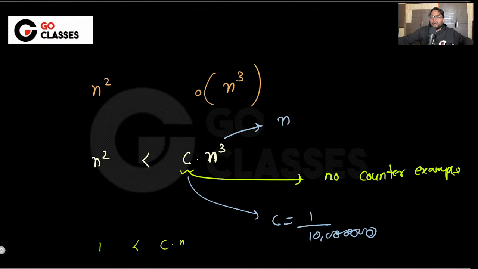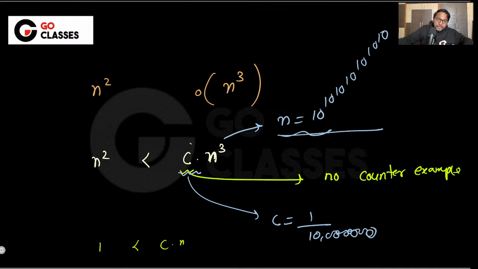Maybe n equal to 10 to the power 10 or so. If you take very small c, you can sustain only till some point, but after that this will start dominating. So here the n naught could be larger. That's the only difference you are making.